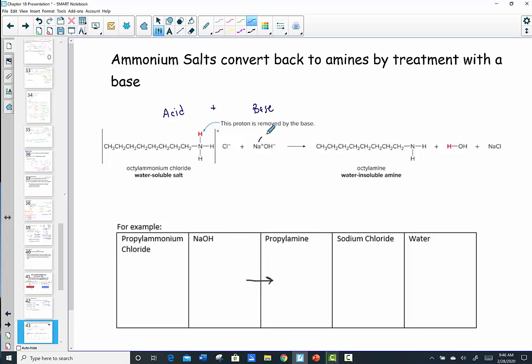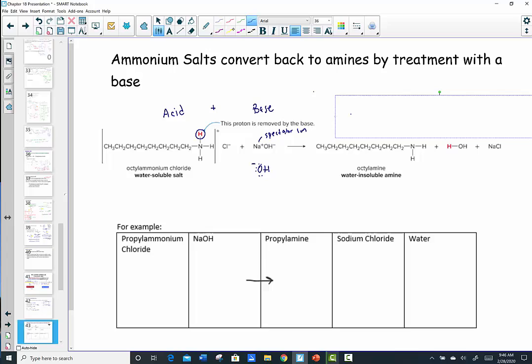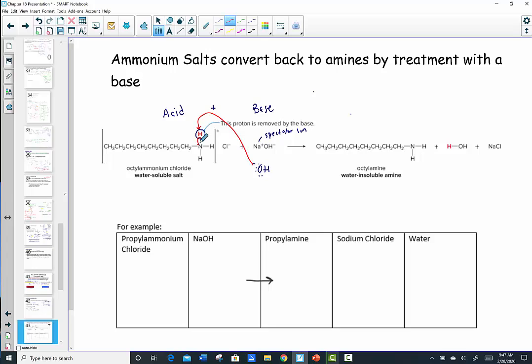Now, of course, the sodium is going to be what we call a spectator ion. So just really focus on the base being OH negative. And here is the proton on the ammonium salt. The base, and this is the mechanism, the base reaches out for the proton. This bond collapses.